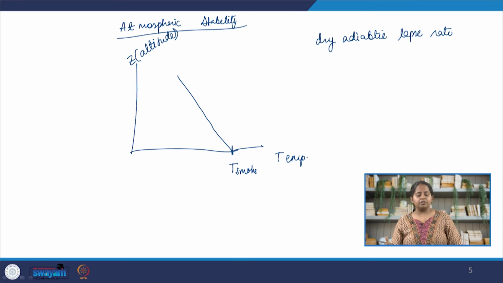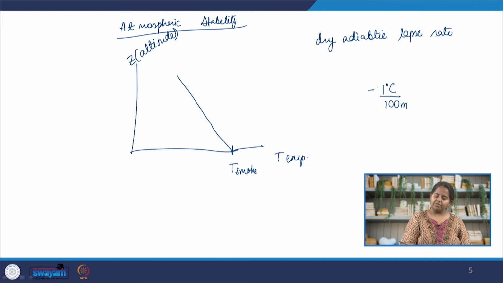The second assumption is that the smoke parcel, as it is rising up in the atmosphere because of thermal buoyancy, is undergoing an adiabatic process. If it is not an adiabatic process, then again this will not be valid. The typical dry adiabatic lapse rate is losing 1 degree Celsius per 100 meter rise.